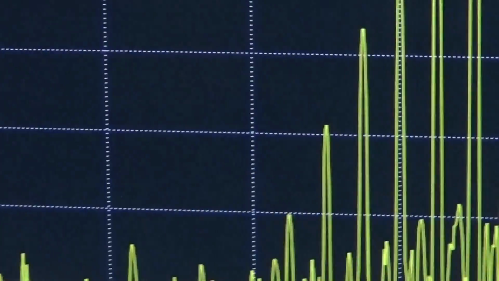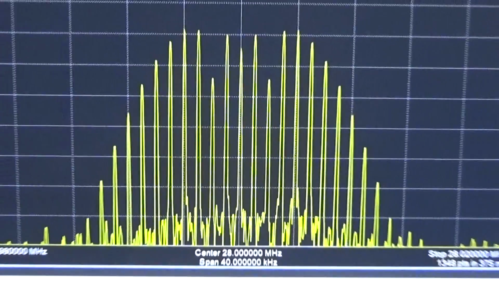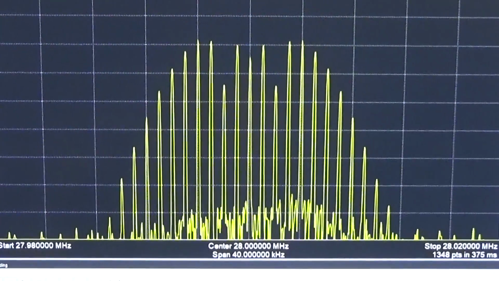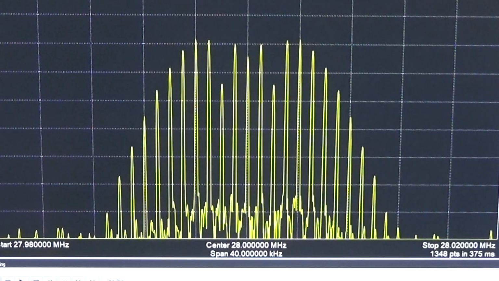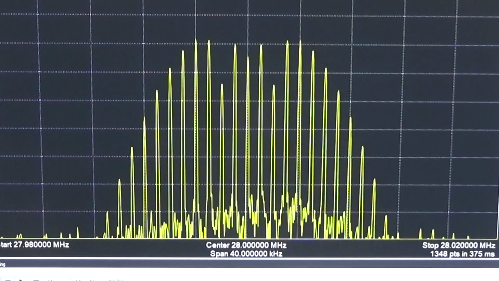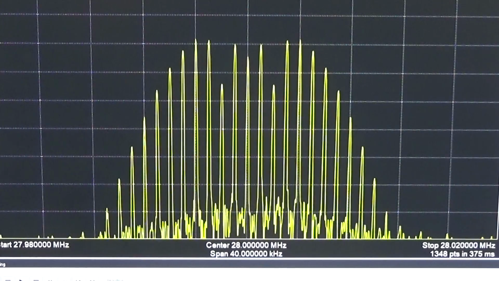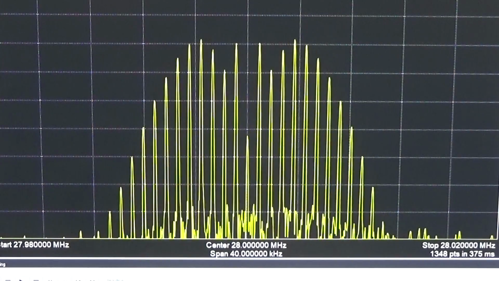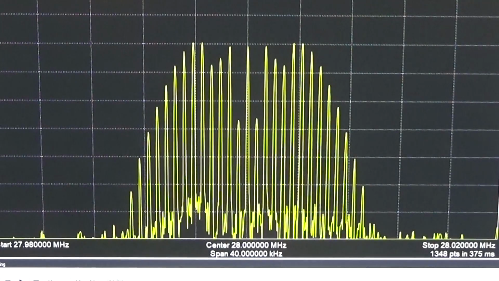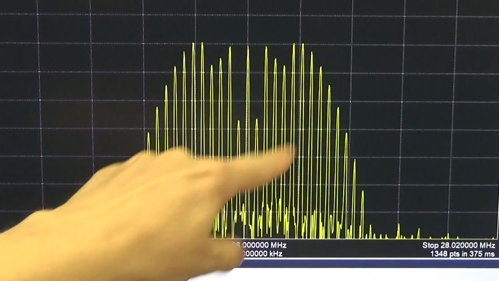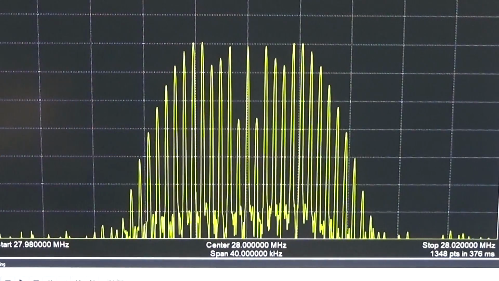Alright, so let me go back here to our signal on the spectrum analyzer, and that is what we have seen all the time up to now. And now let me change simply our audio frequency, and now I start changing the audio frequency and see what's really happening here to all the different tones.